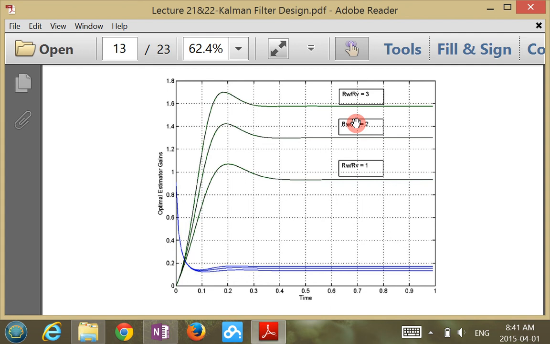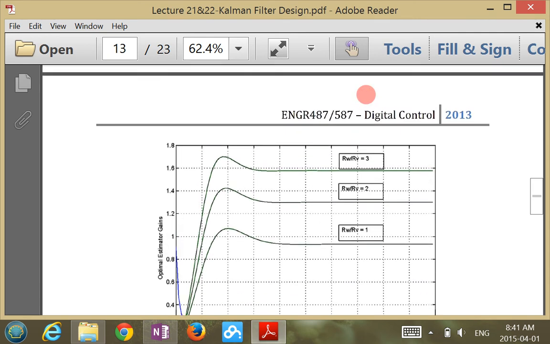That's why you see one green and one blue. Why are there 3 here? In this simulation, I considered 3 different ratios of RW over RV. Remember, what does RW represent? It's the variance for the two noises. They're both noises, right? One is noise for what?